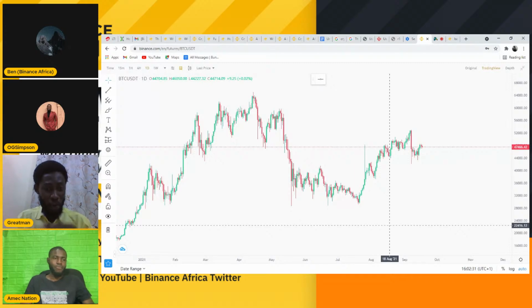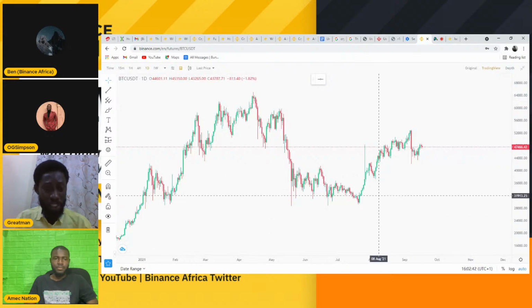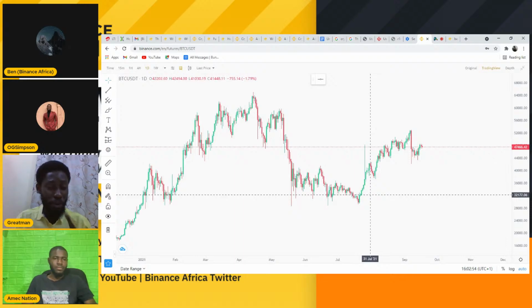Opening a long position close to a resistance level is risky. You might get liquidated because that resistance level might hold and send the price downwards. Also, opening a short position on a support level that has not been tested before is risky, because you have no idea whether the support level will hold and the market will move upwards, and your short position might get liquidated, or you might make some losses.